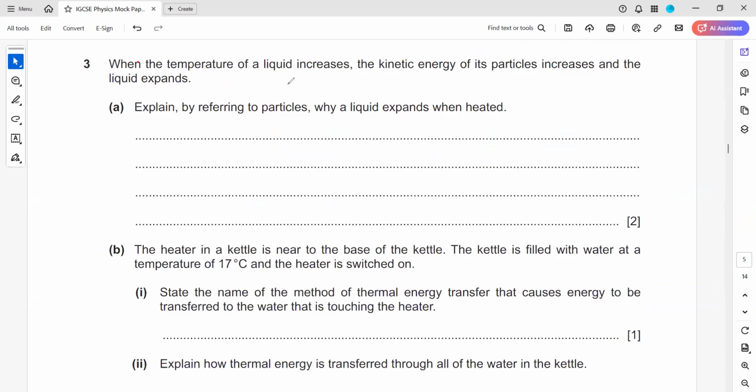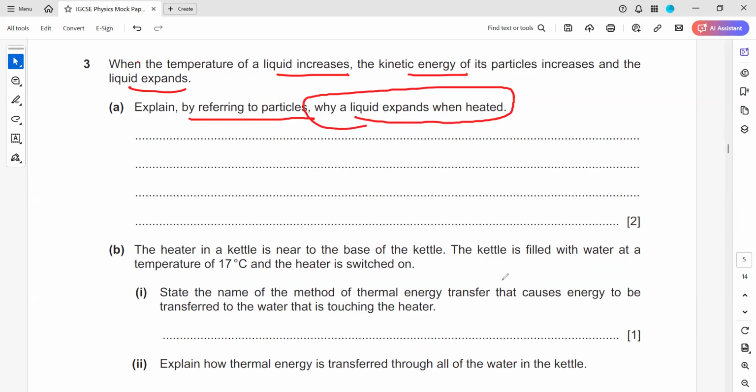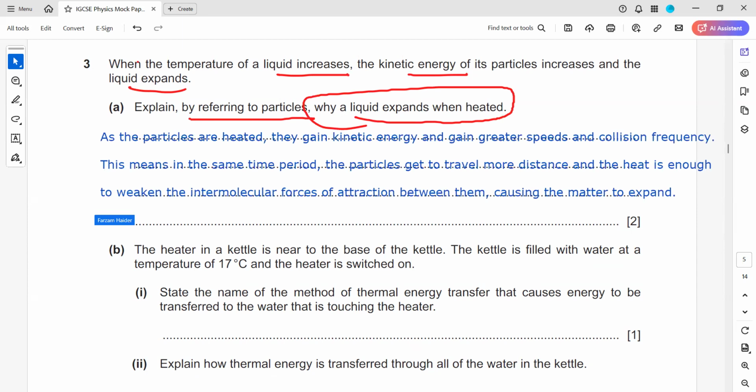Question 3. When the temperature of a liquid increases, the kinetic energy of its particles increases and the liquid expands. Explain, by referring to the particles, why the liquid expands when heated. So what actually happens? As the particles are heated, they gain kinetic energy, move faster and move more distance.